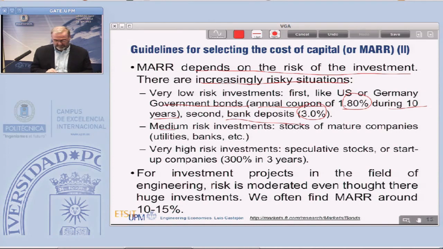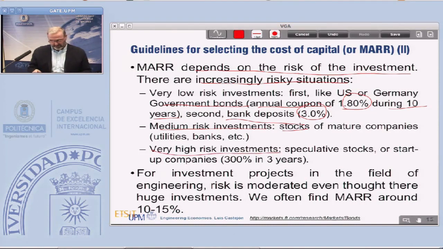So we have medium risk investment, like buying stock in the stock market of mature companies like utilities, banks, telecom companies, or any kind of big companies whose stock is traded in the stock market. And the extreme case is very high risk investment with very high return.